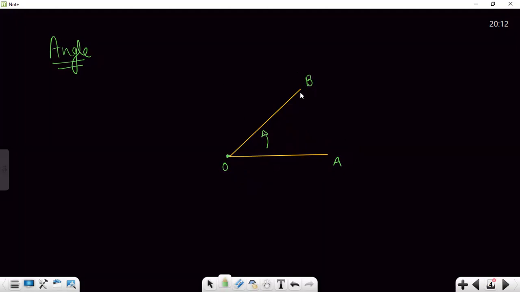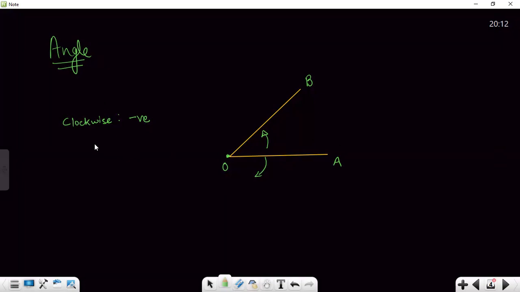Now, if the movement of the ray from its initial position is clockwise, then the angle that we are measuring will be negative, will have a negative sign.